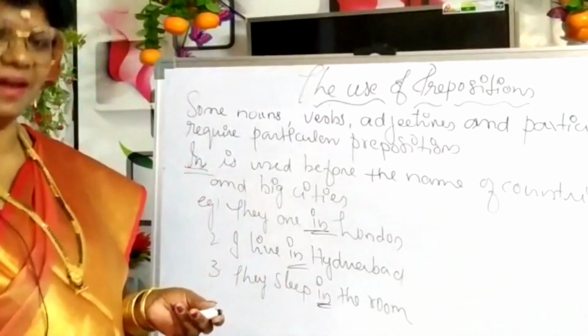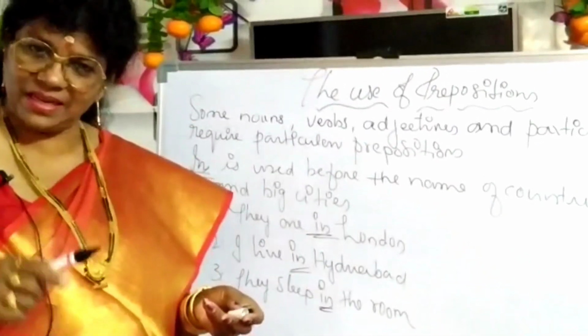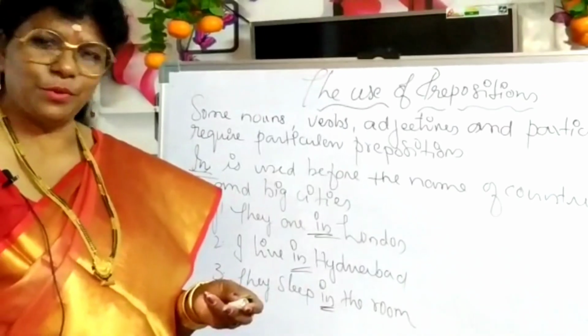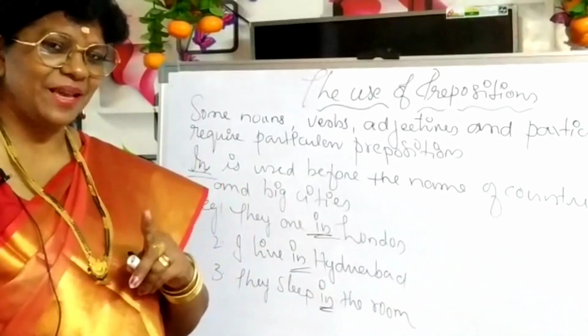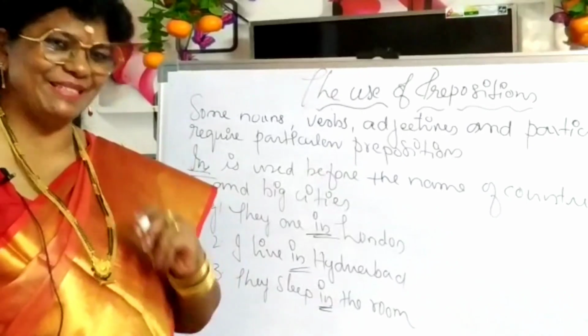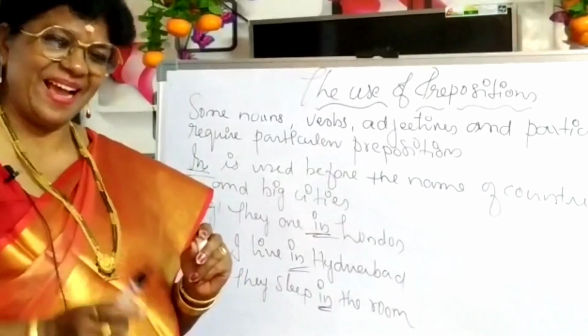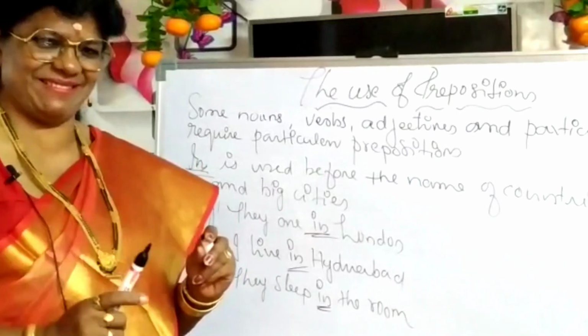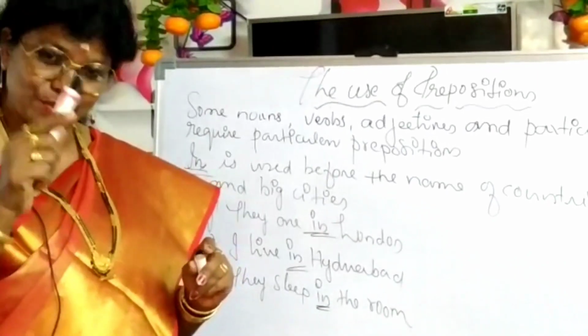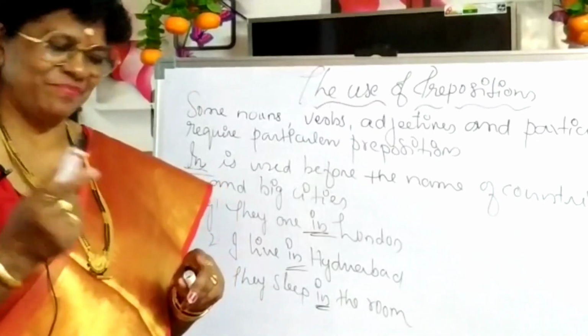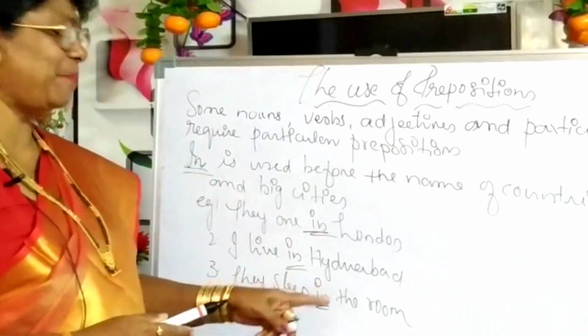I live in Hyderabad. Will we say I'm living in Hyderabad? No. Why? Because for permanent actions we will never use the ing form. Yes, correct. You all remember that. That's what I'm testing you. Good.